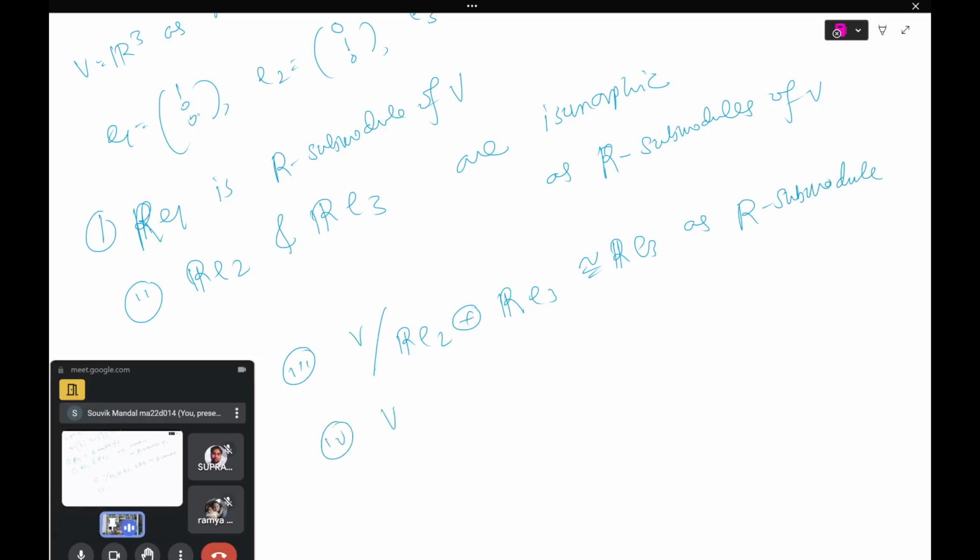And option 4, V has infinitely many R submodules.